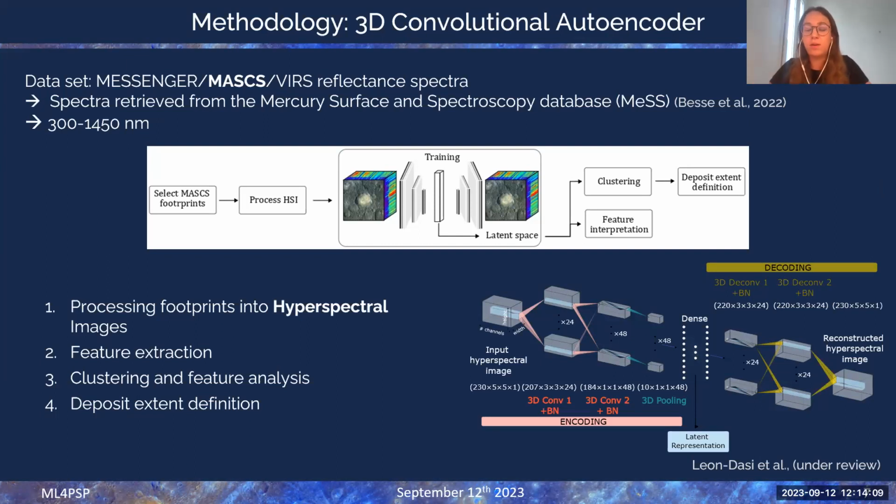So once the network is fully trained, the latent space is a representation of your input. In this case, we are using a three-dimensional structure because this way the operations are able to capture the interactions between the spatial and spectral domains.